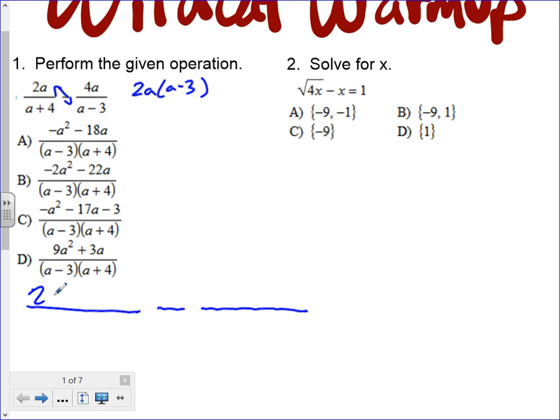2a squared minus 6a. When we cross multiply our denominators, you multiply the denominators together.